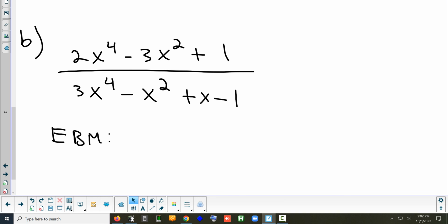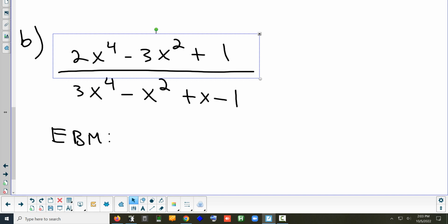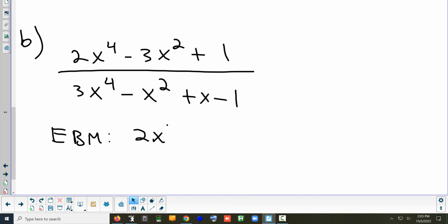If you let x equal 10, 10 squared is 100, times 3 is 300. If you let x equal 10 here, 10 to the fourth is 10,000 times 2 is 20,000. 20,000 compared to 300 is nothing. So the x to the fourth term is what's going to control it.